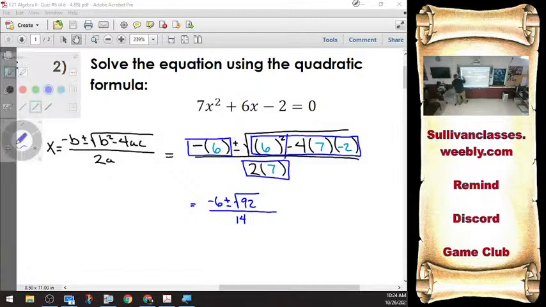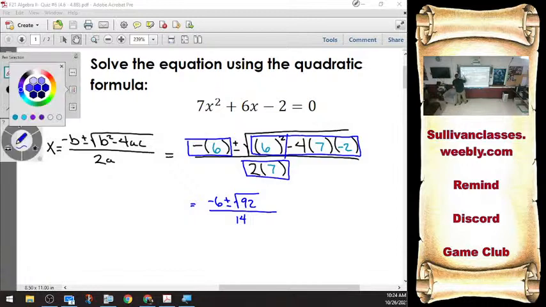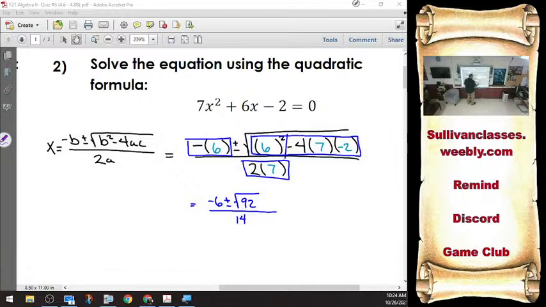I need to simplify the radical. So what's the biggest perfect square that goes in 92? Okay, if I have no idea, well, I know it's divisible by 2. 46.